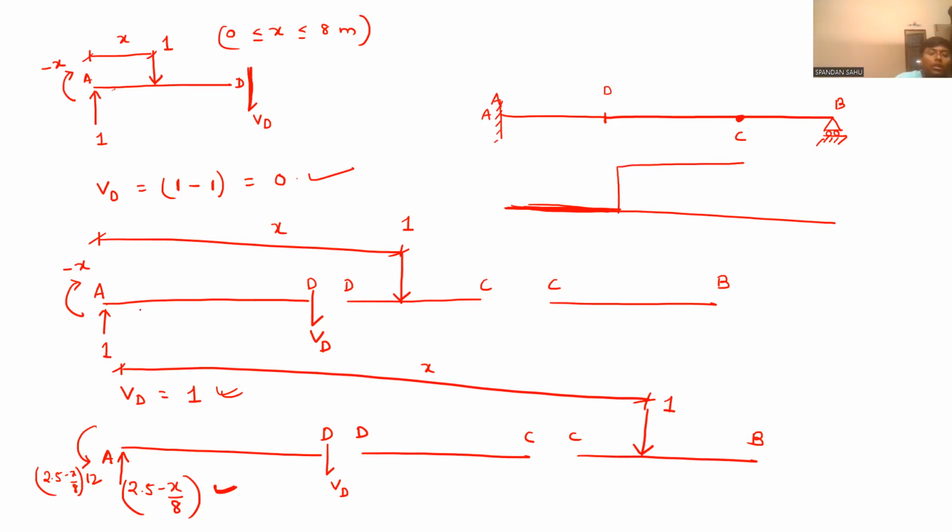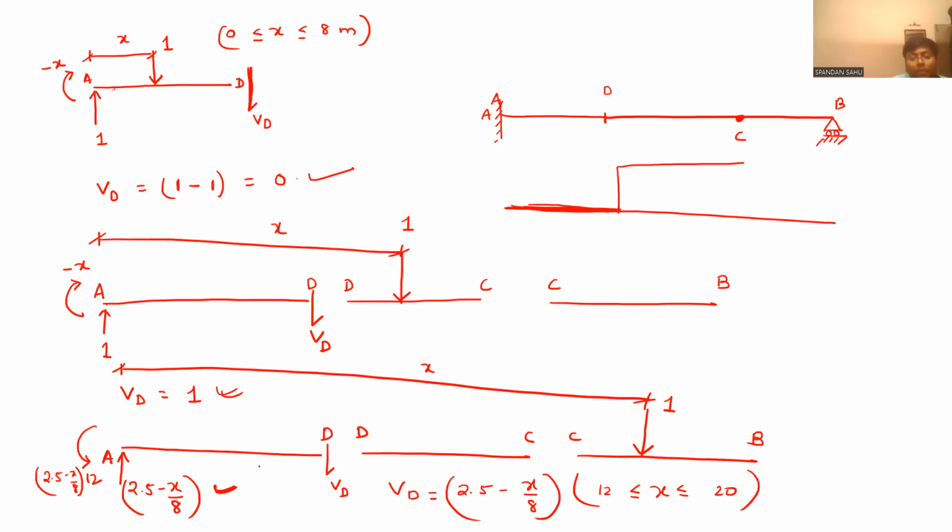Now, for the third case, when your unit load is moving between C and B, you got VD as 2.5 minus x by 8. And here, x is varying from point C to point B, meaning 12 meter to 20 meter.